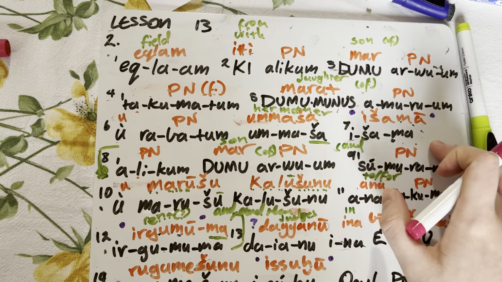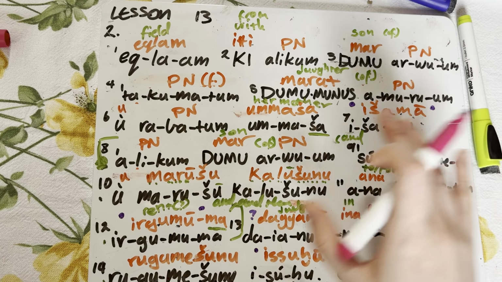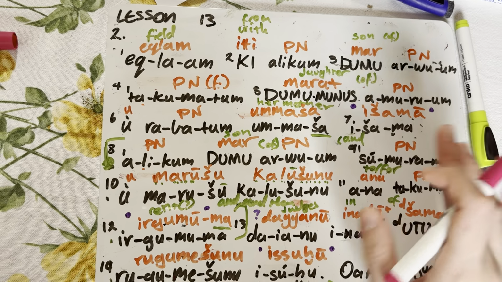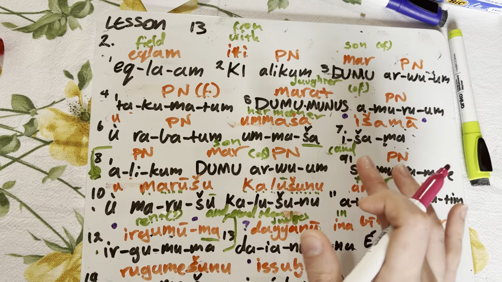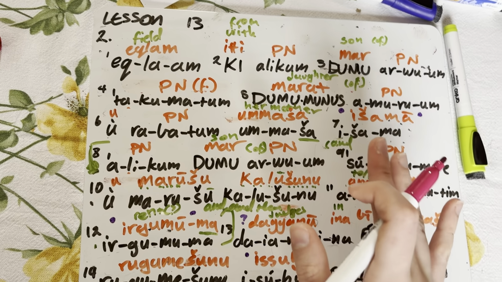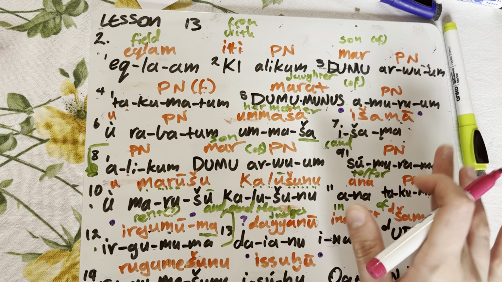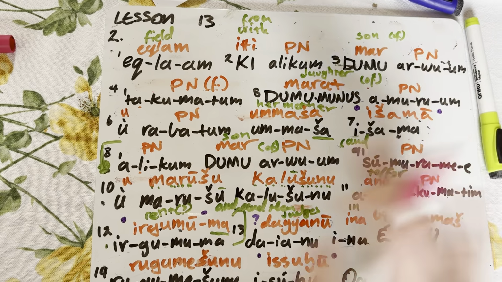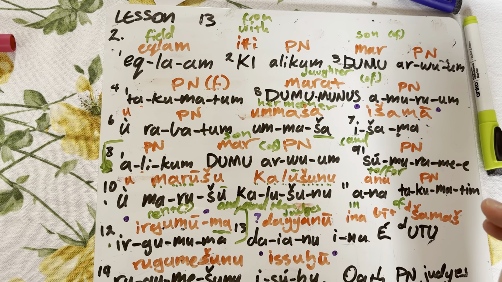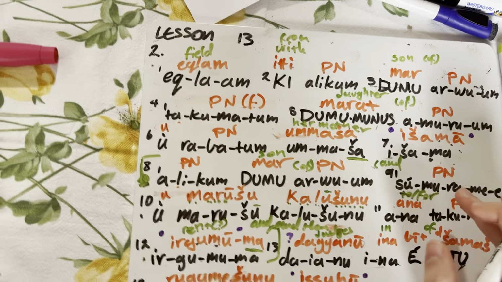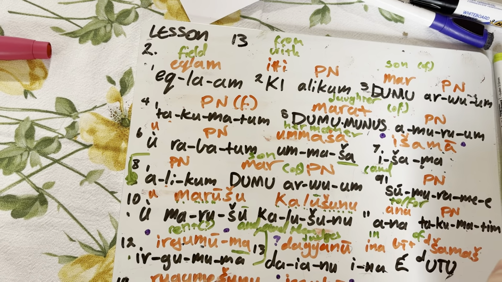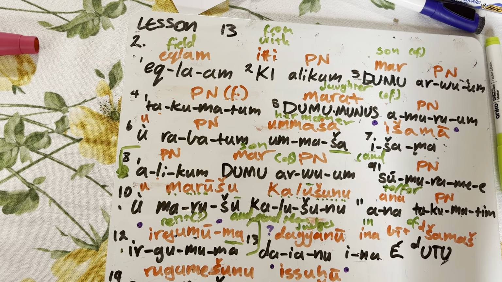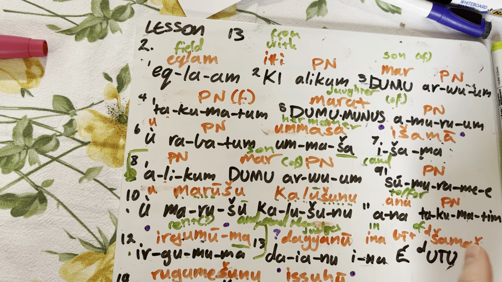So this field that was purchased by Takumatum, the daughter of Amurum and Rabatum, from Alikum, the son of Arwum, and then Alikum, the son of Arwum, I'm definitely butchering these names, and Sumuramu and all of his sons, something to or for.